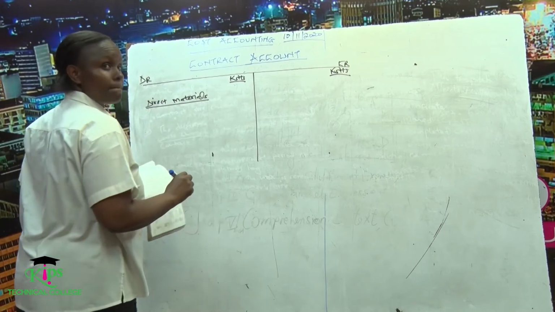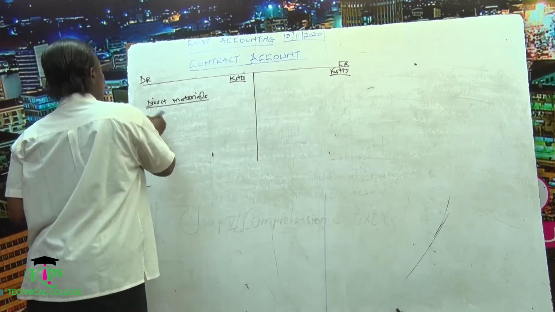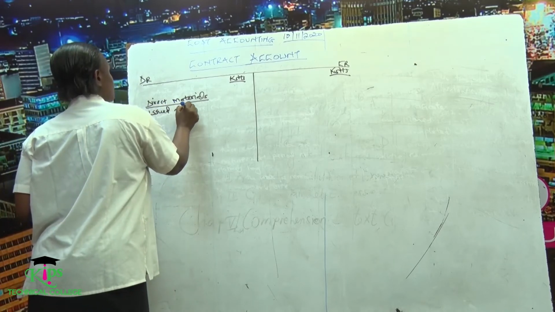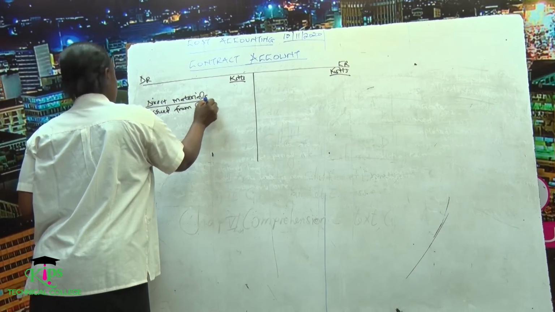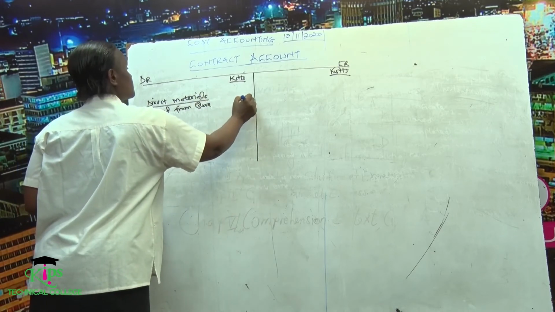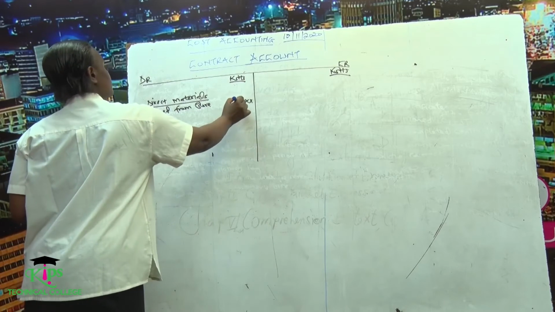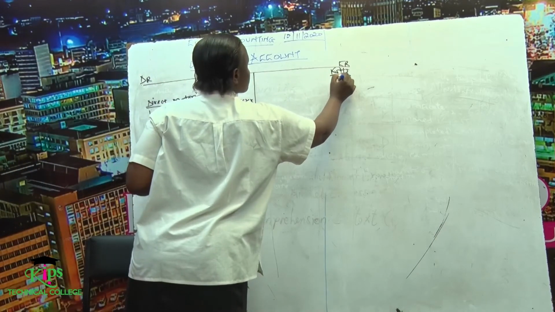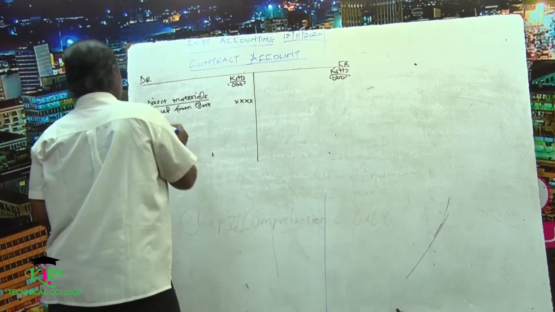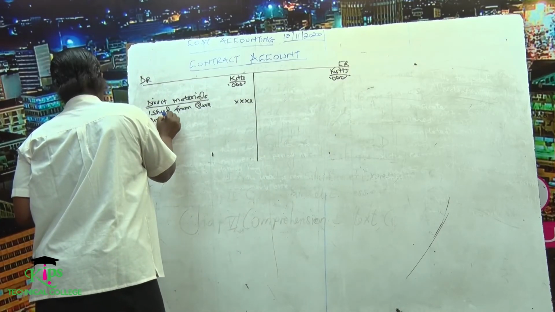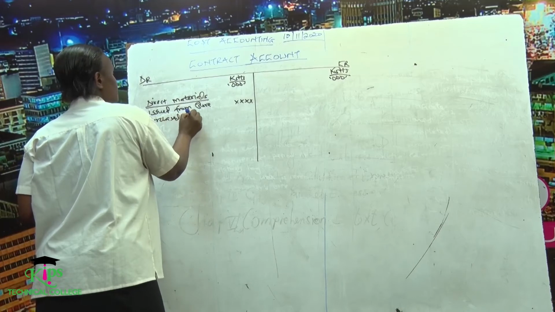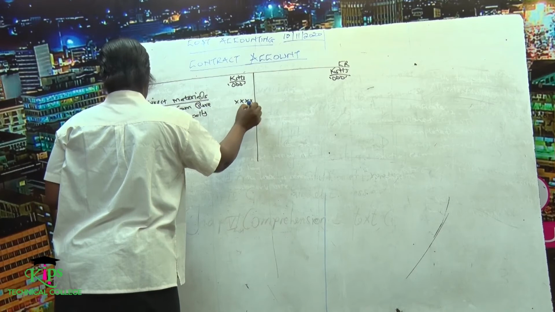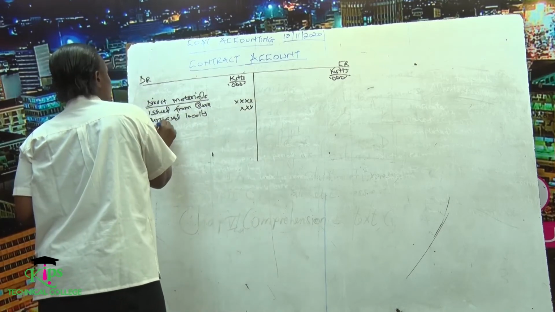The materials can be issued from store, purchased locally, and plant installed.